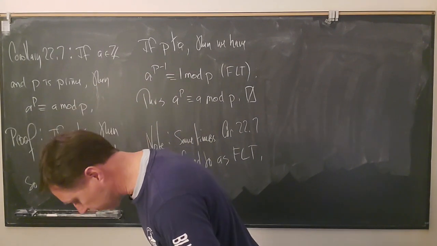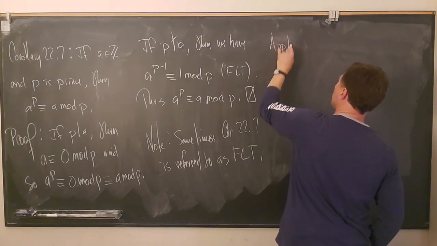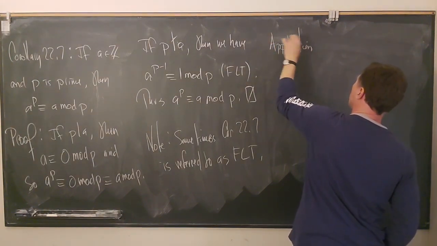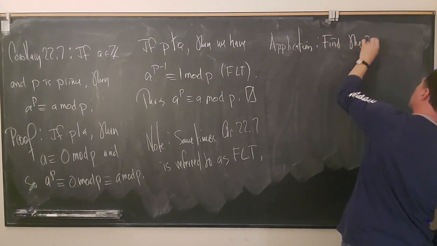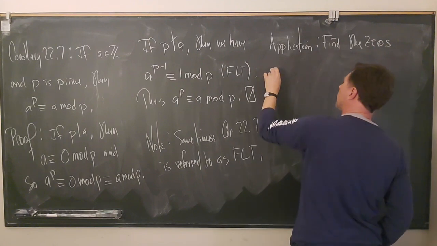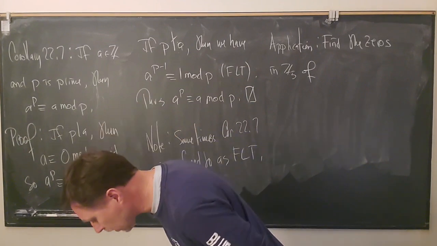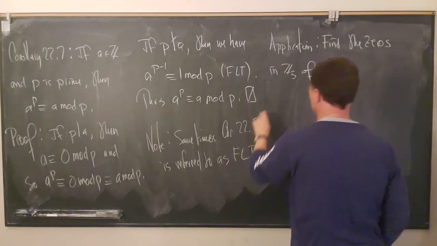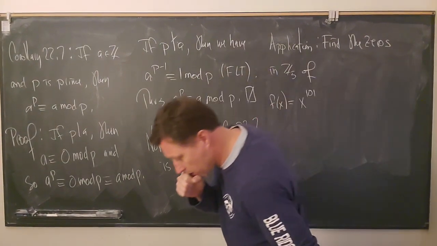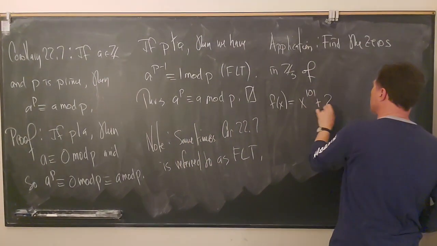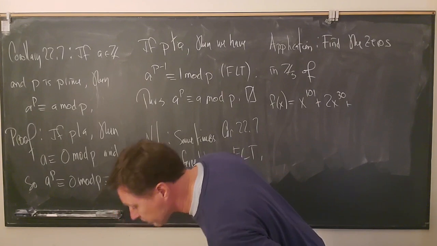Now, as an application, find the zeros in Z5 of the polynomial, so it's going to be, call it f of x, equal to x to the 101 plus 2x to the 30 plus x squared plus 4.